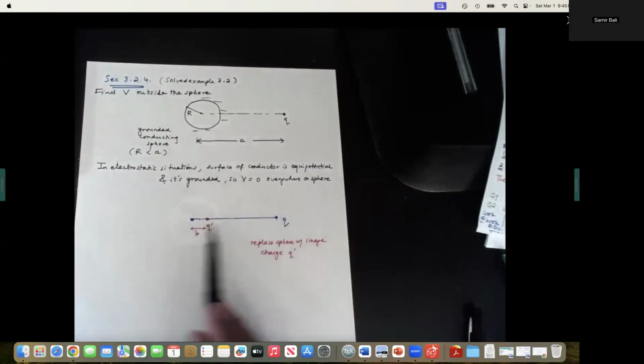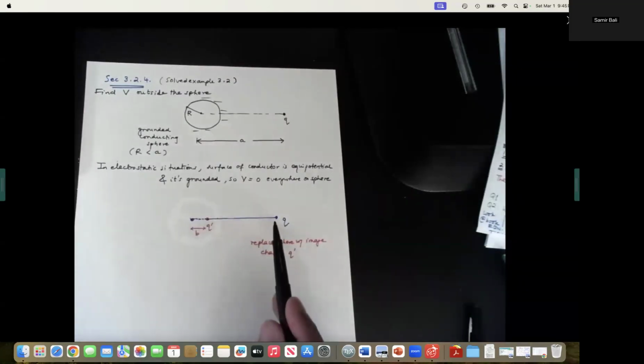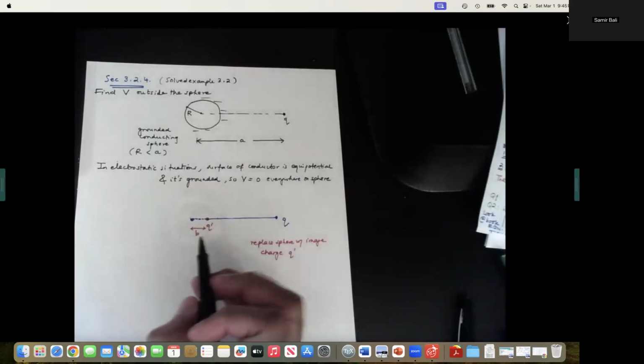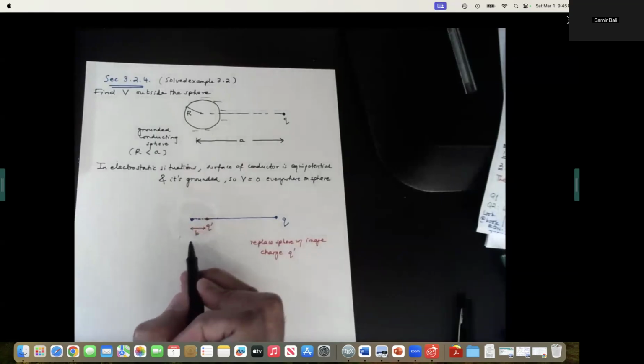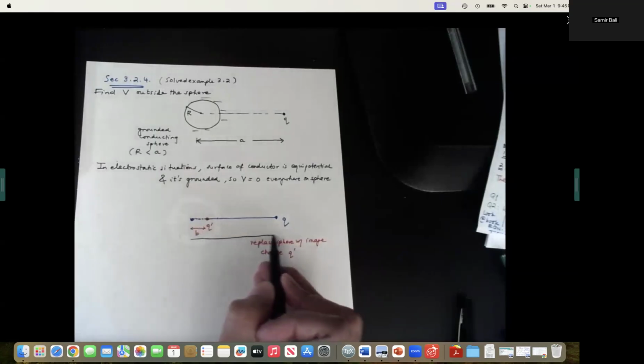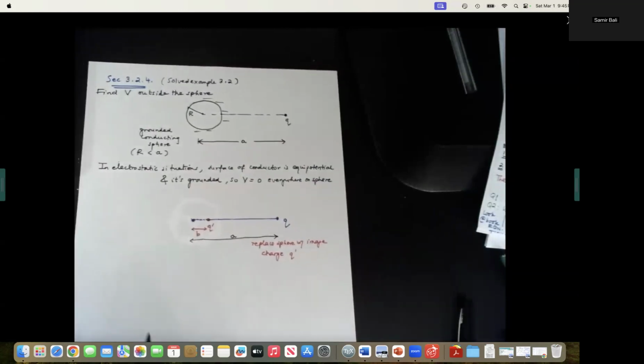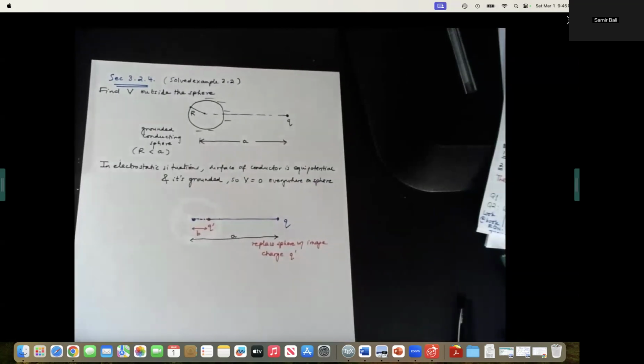I'm only solving the problem of these two charges that are separated by this distance. This distance here is still a. That's why I redrew this.